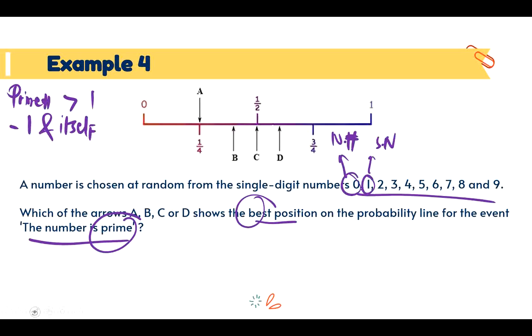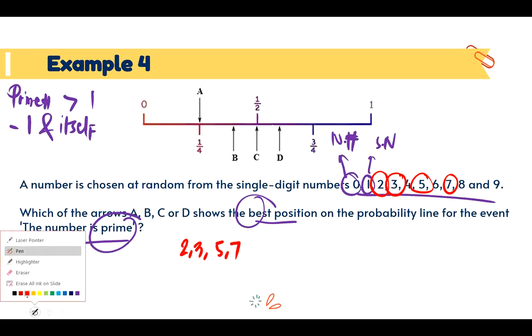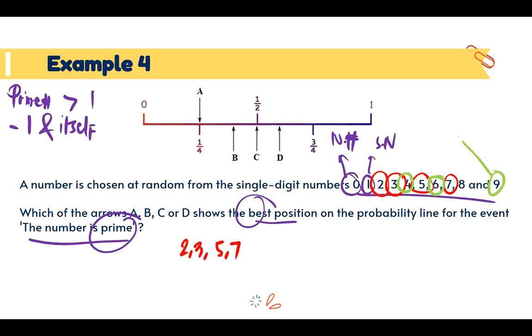So, alam natin na si 2, ang factor niya lang ay 1 at sarili niya. Si 3, ganun din. Si 5, ganun din. At saka si 7. So, ibig sabihin, ang prime numbers natin ay si 2, si 3, si 5, at si 7. At yung natitira na si 4, si 6, at si 9, yung tatlong yan, they are composite numbers.